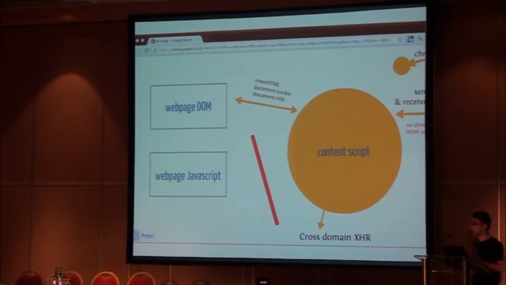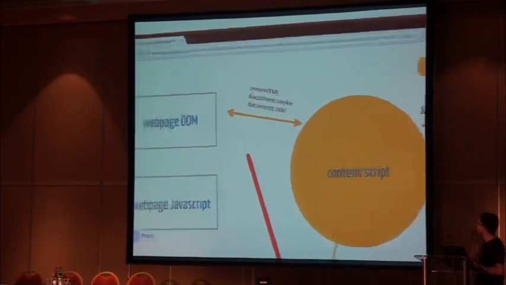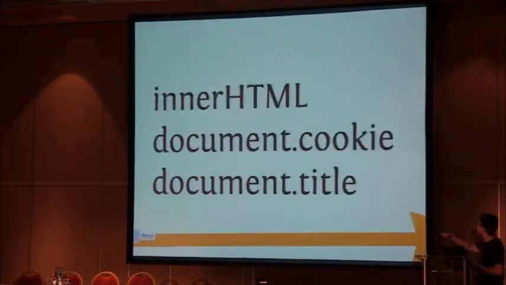It can modify the DOM to enrich a website, to caption all the images, for example, or insert some additional toolbars and such. It does so using the standard JavaScript DOM accessors like the innerHTML property or document.cookie, document.title, whatever.